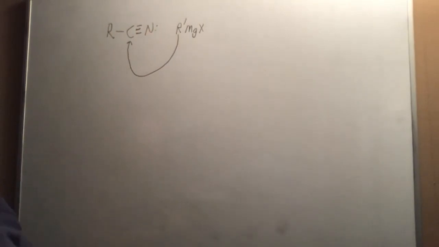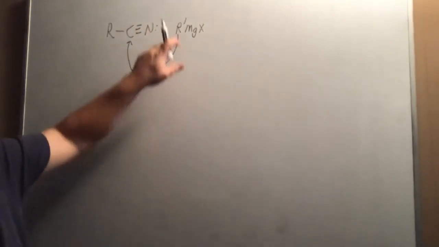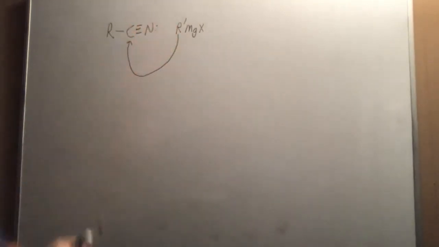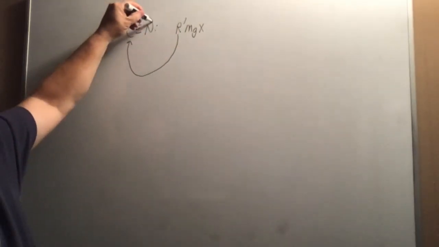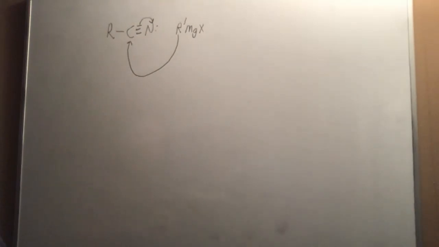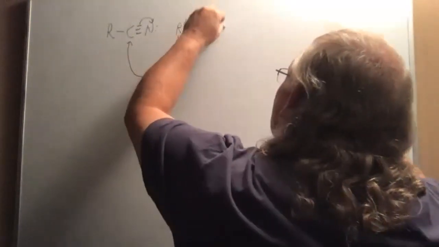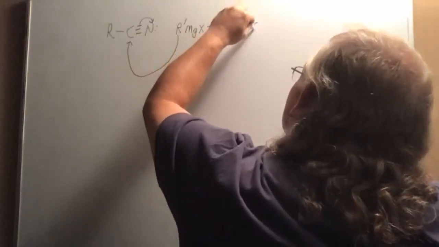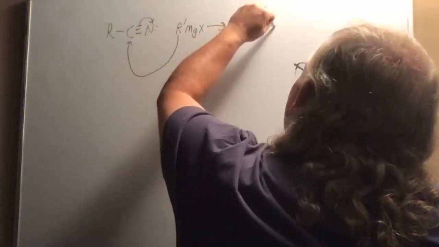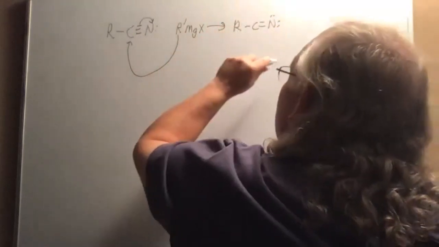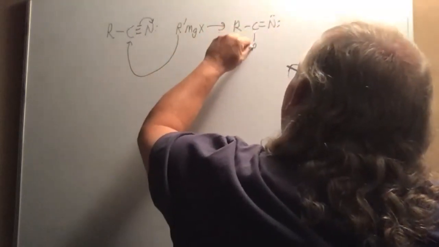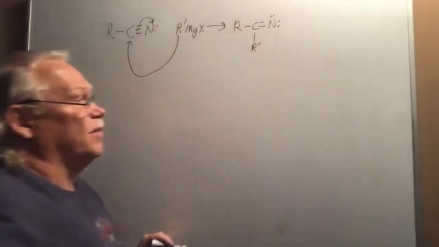It's going to attack the C, because that negative R is going to be attracted to that positive C, kicking out this pair of electrons. Now watch what that does for me. I still have a double bond on the carbon and an R prime now attached to the carbon.